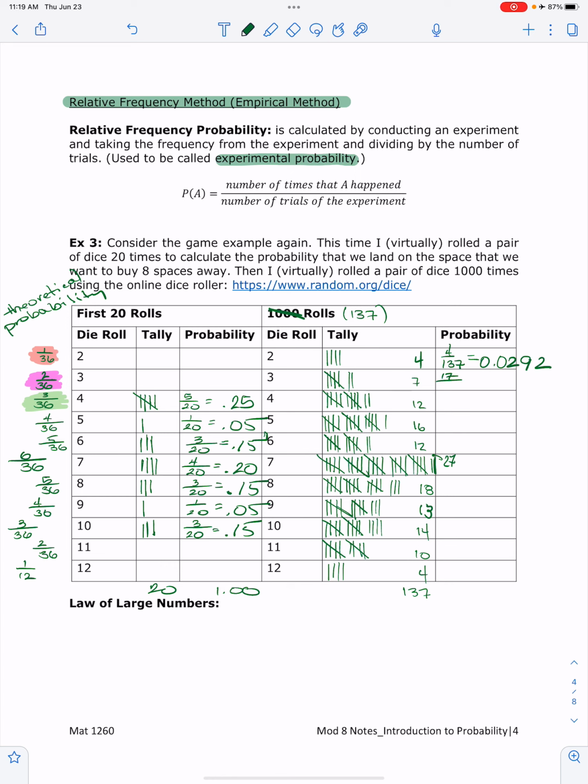So let's take a look at our probabilities. That should not be 17, that should be just 7. Obviously the eraser is set to erase too much. So I get 0, 5, 1, 1. 12 over 137.